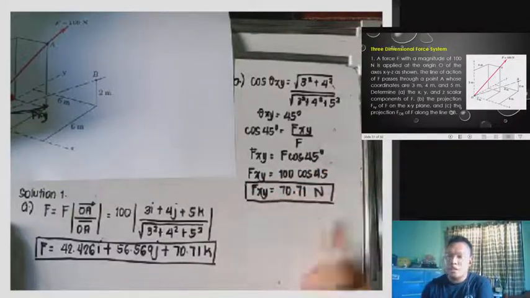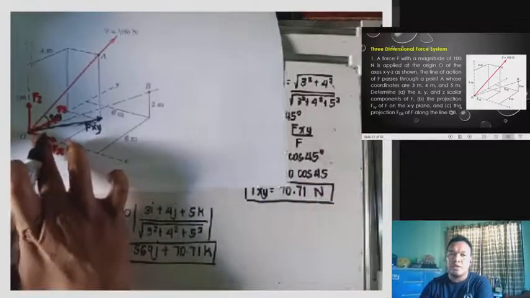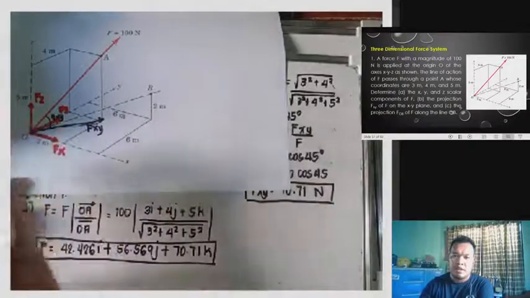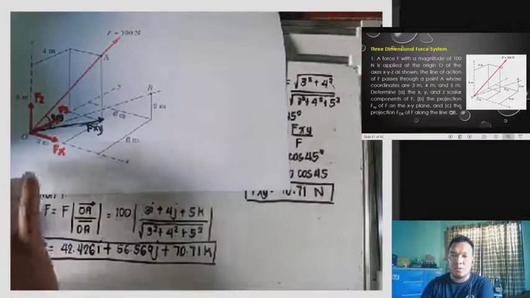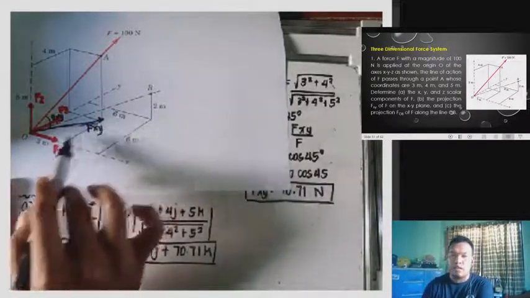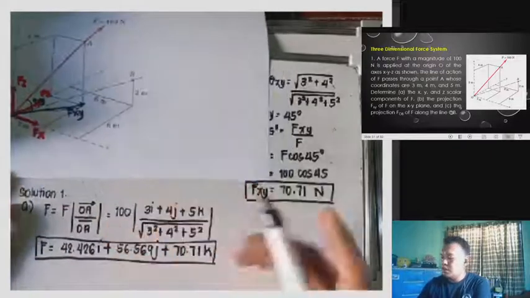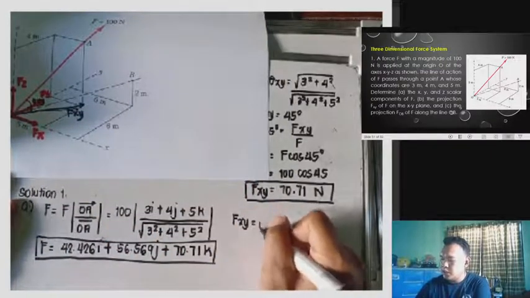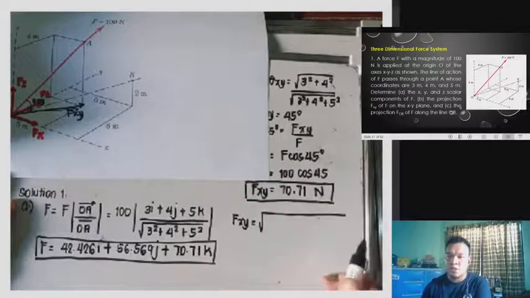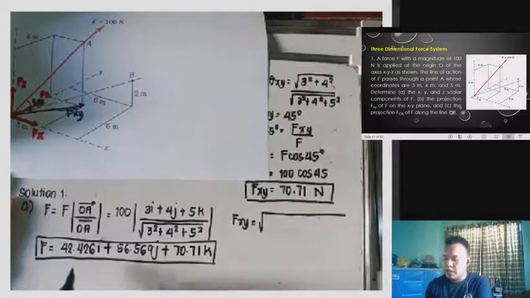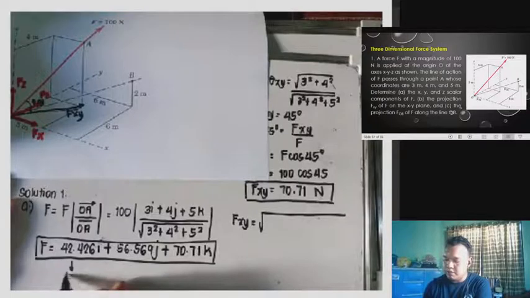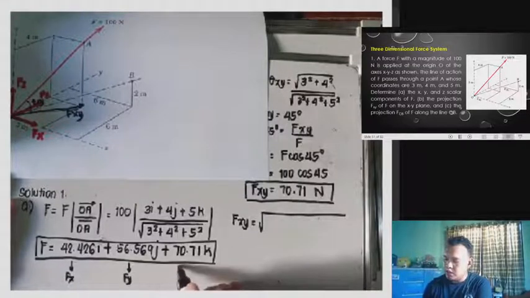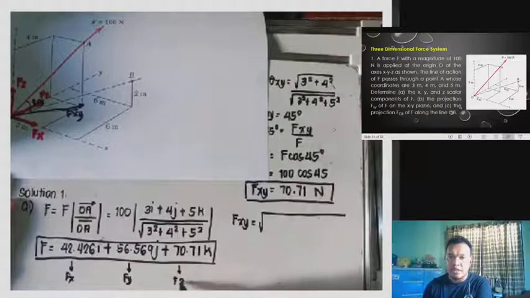Or simply, for Fxy, it is the Pythagorean, the hypotenuse of this Fx and Fy. So, to get the value of Fxy, we can say another solution is the square root of the value of Fx squared plus Fy squared. So, we have here, this one is represented by Fx, this is Fy, and this is Fz. Right?